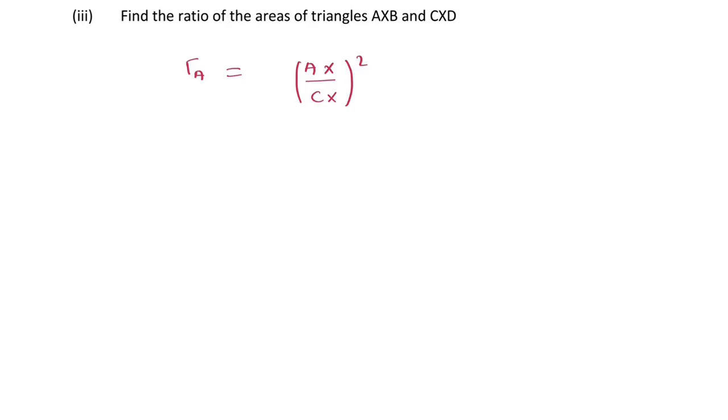Okay, so now substituting the values we have (6 over 8) squared, which after simplifying gives 9 over 16. We can also write this in ratio format as 9 ratio 16.